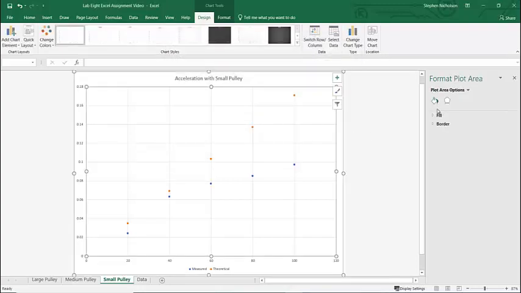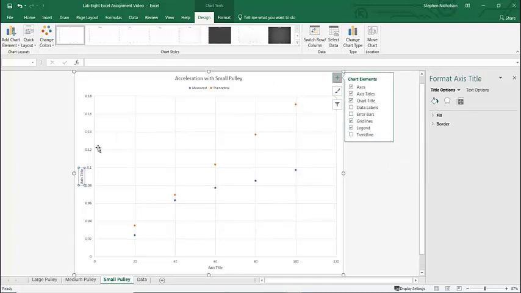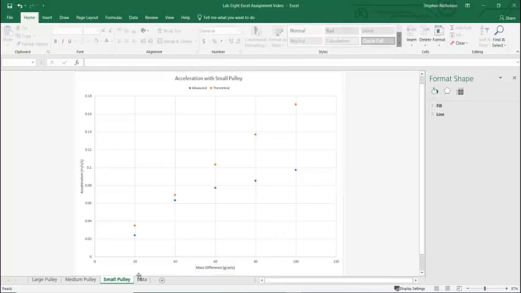Okay. Move the legends to the top. Put the axis titles on there. Again, same titles. And we're just about done. Okay, so I think that's it.